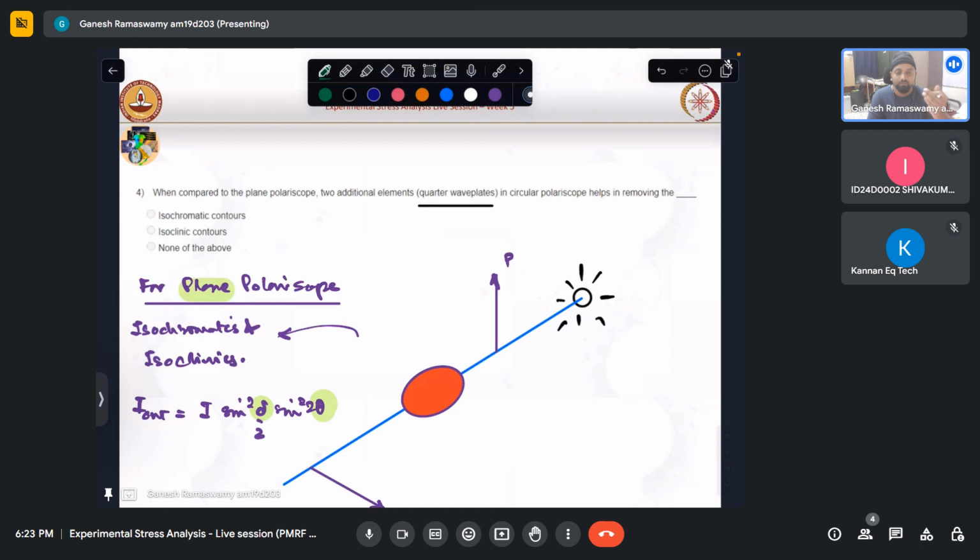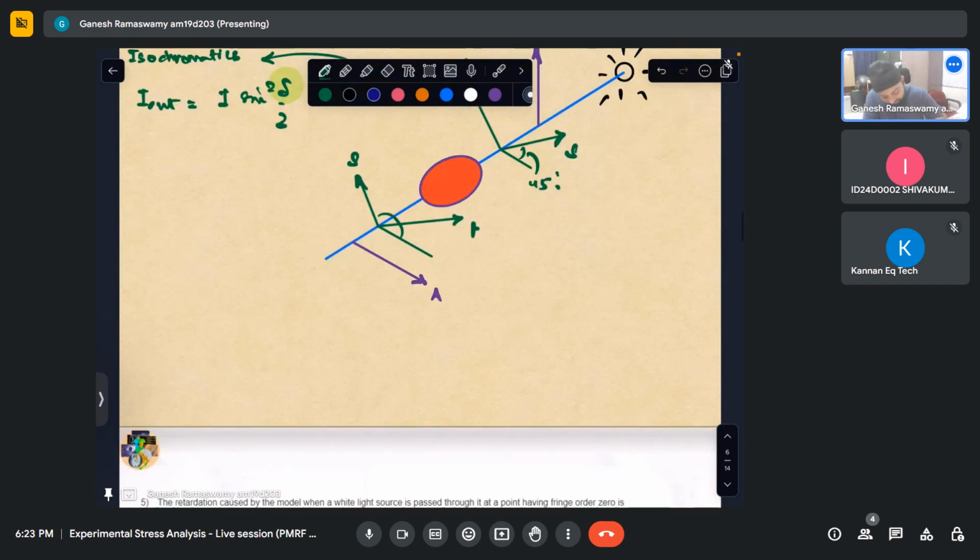One workaround we can do is we know that sigma 1 minus sigma 2 is N f sigma by h or t or whatever the thickness.